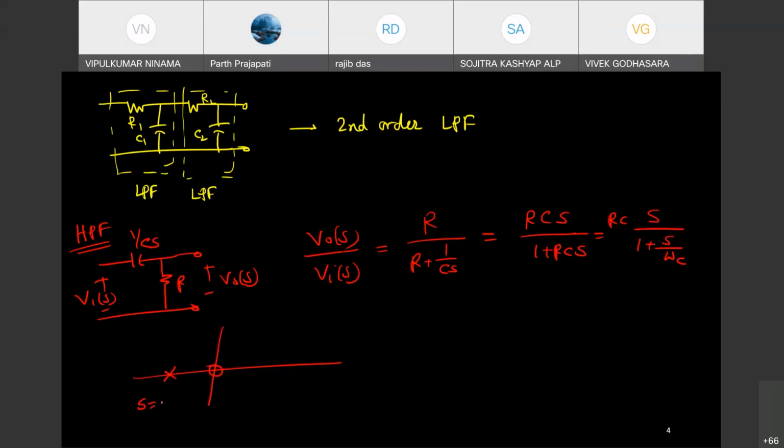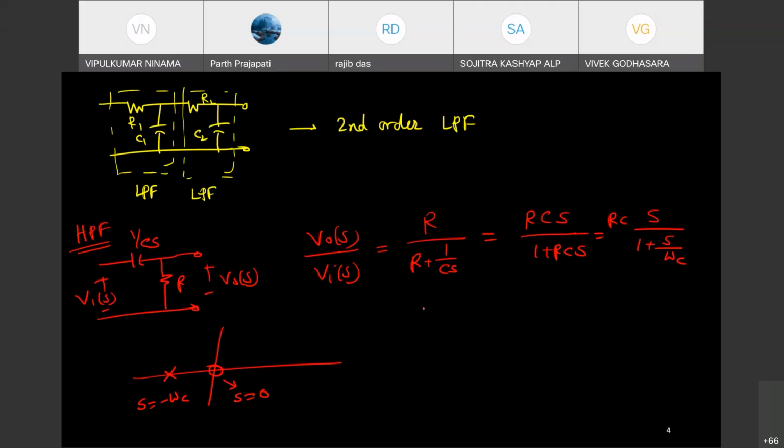The pole is equal to minus omega_C, and the zero is equal to 0. And I told you that whenever you get one pole and one zero, the number of poles and zeros are the same, and the zero is at origin with the pole on the left hand side, then it will behave as a high pass filter. So this is your first order high pass filter.